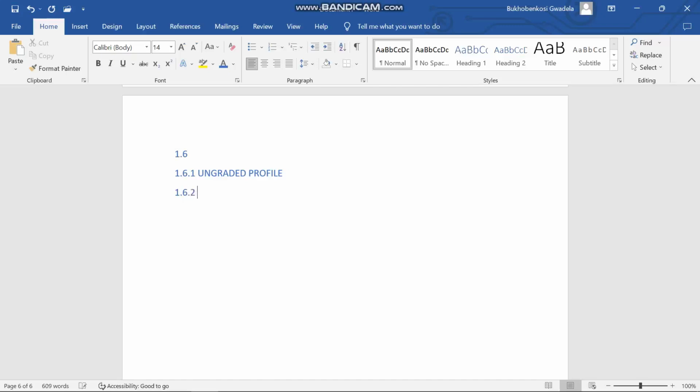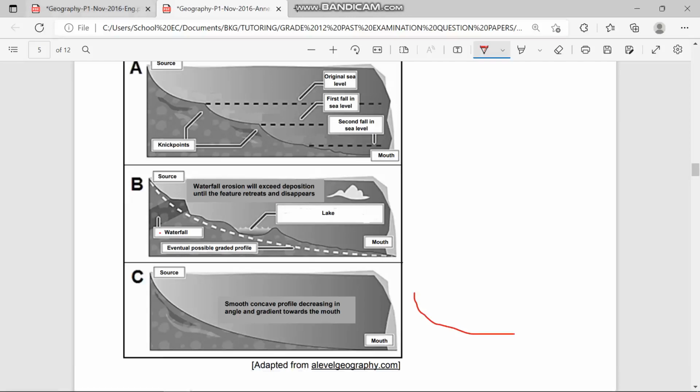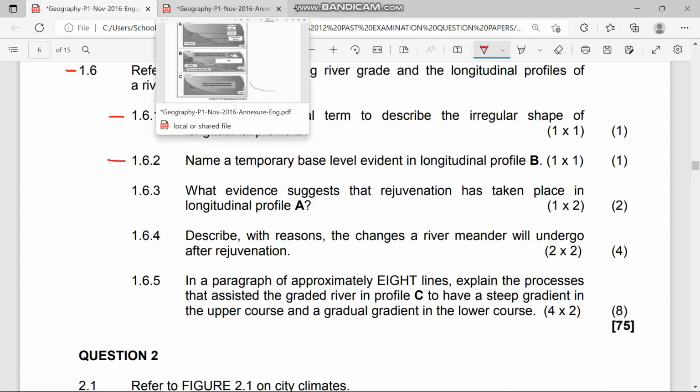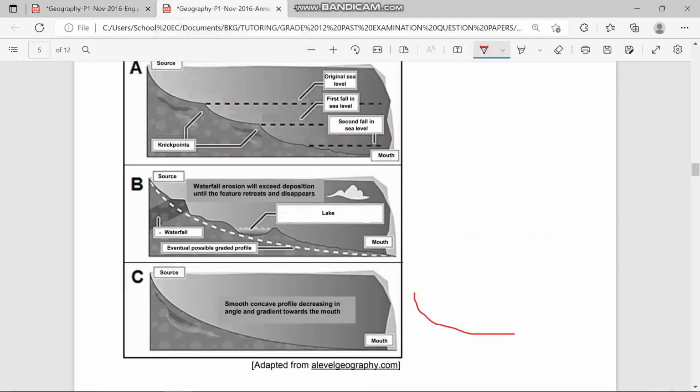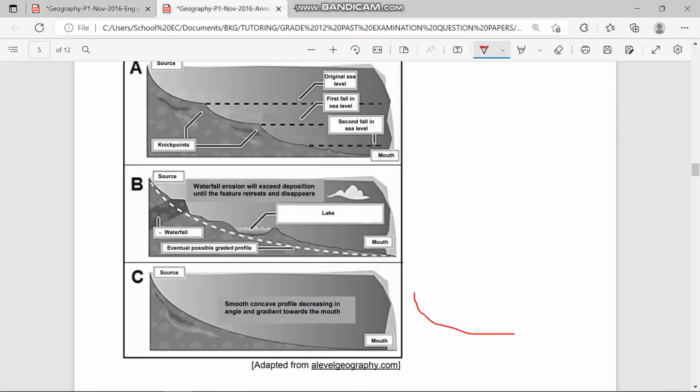So we have 1.6.2, which says, name a temporary base level evident in longitudinal profile B. So let's go and look for our temporary base level at B. It's a waterfall.